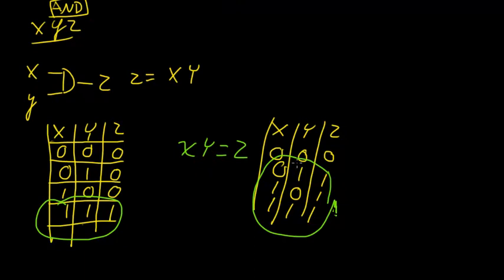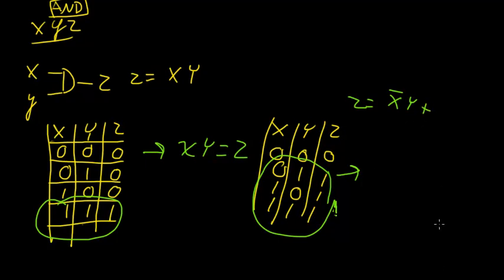Okay, so if I were to write this out, it would look like Z is equal to X not, X is 0, so X not Y. Or, so or looks like this. It's a plus.